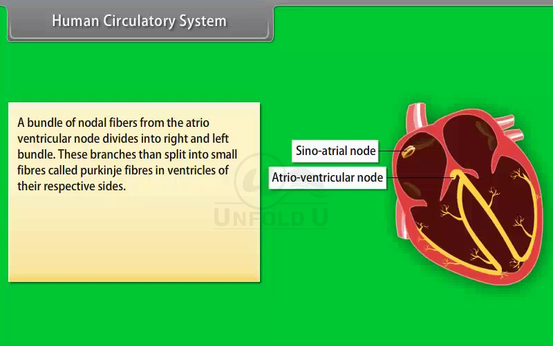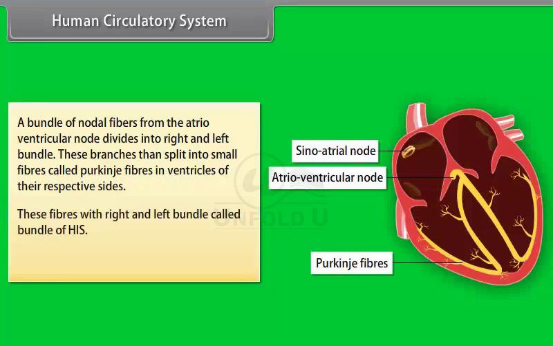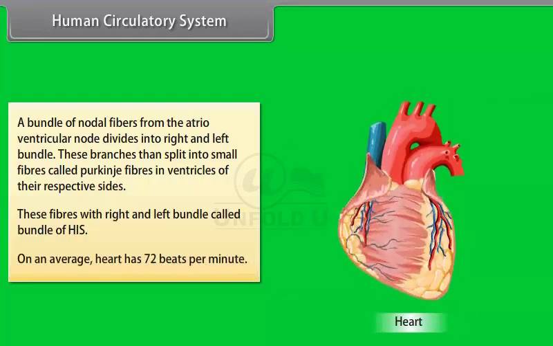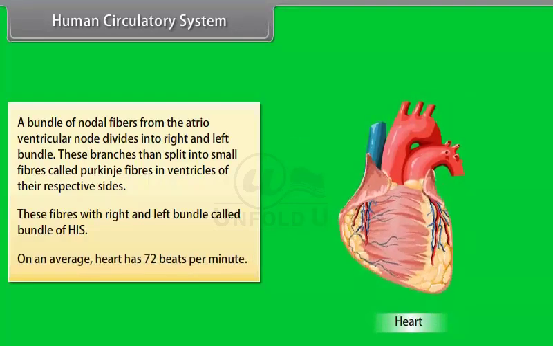These branches then split into small fibers called Purkinje fibers in the ventricles of their respective sides. These fibers with right and left bundle are called bundle of HIS. On an average, the heart has 72 beats per minute.